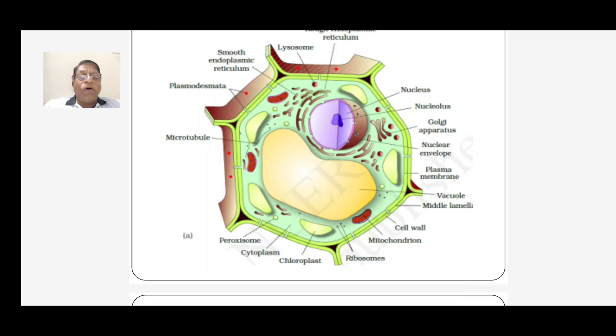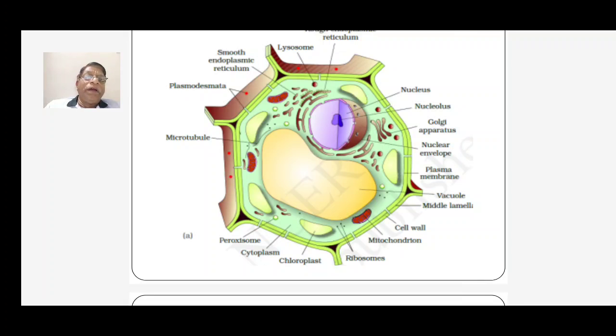That is what we call membrane-bound cell organelles. I repeat once again, the mitochondria. See the diagram. The presence of mitochondria, rod-like structures. See the Golgi complex just above the nucleus.